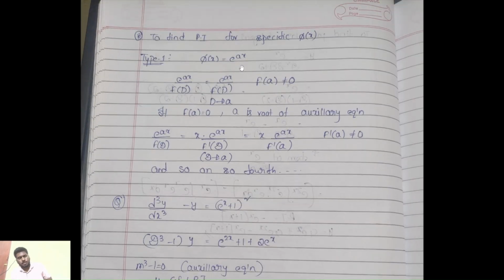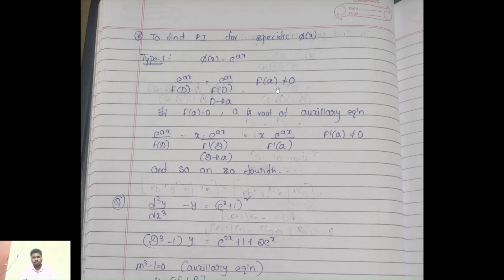Here we have some special cases. So my dear friends, if phi of x is equal to e power a x, for some constant a, we have particular integral e power ax by f of D. So to find the particular integral for this one, I replace D by a. Here the x coefficient is a, so I will replace D by a.